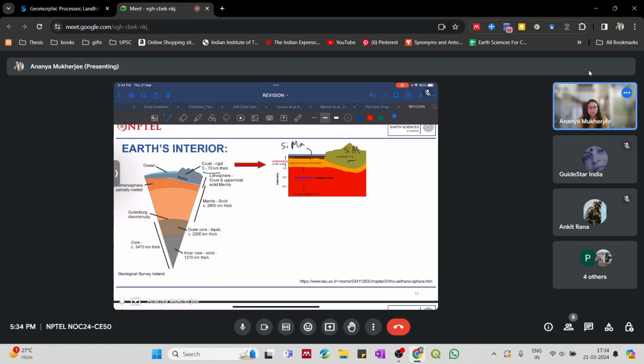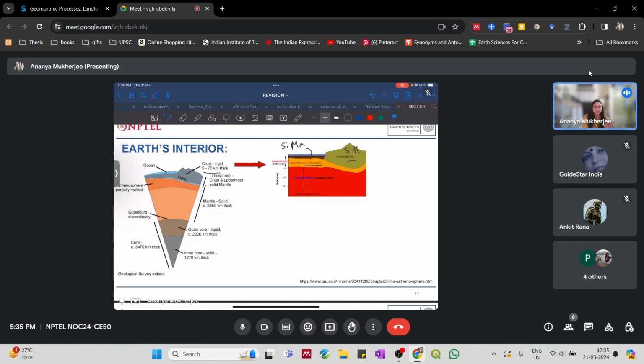Okay, so as we said, lithosphere consists of the uppermost layer of the mantle and the crust, both continental and oceanic. Then asthenosphere is partially melted, and it is a part of the mantle itself, but it exists below the lithosphere.